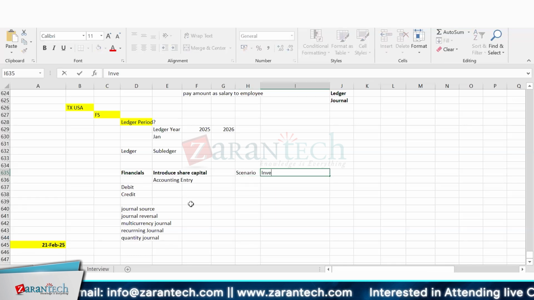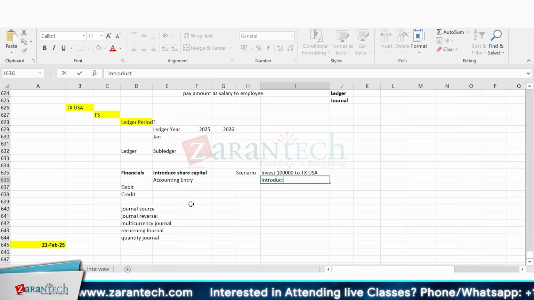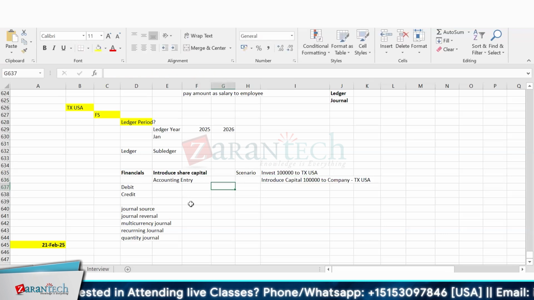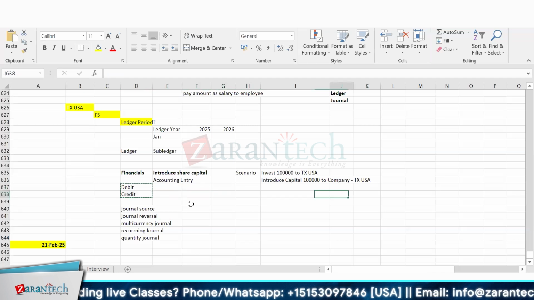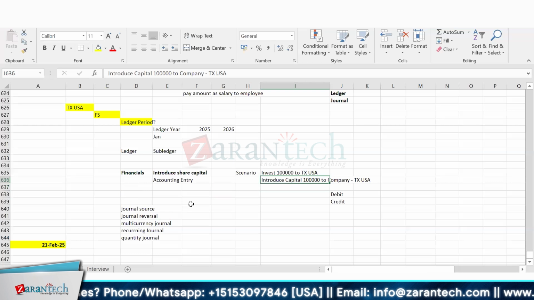Invest $100,000 to TX company USA. In other words, introduce capital of $100,000 to the company, that is TX USA. So what would be the accounting entry? What would be the debit and what would be the credit?